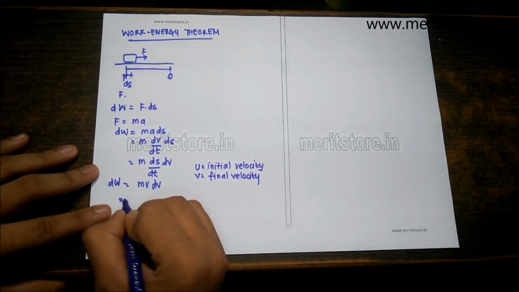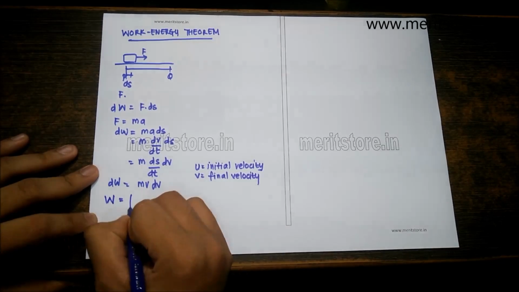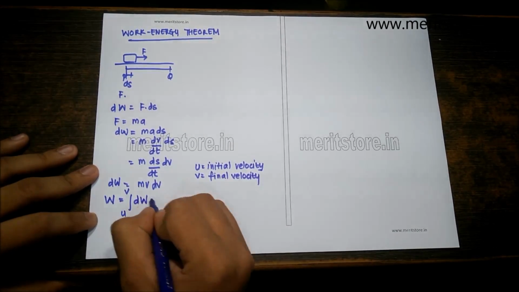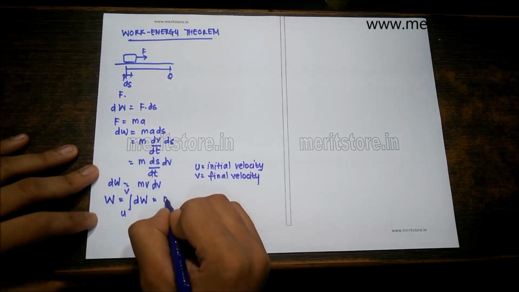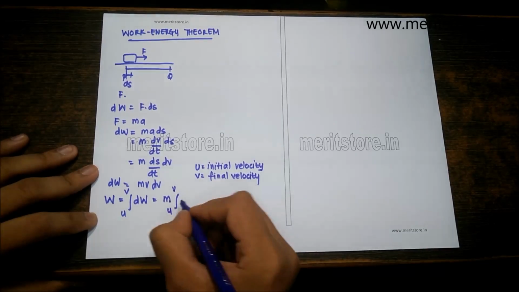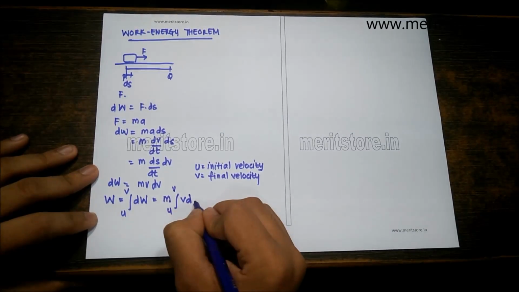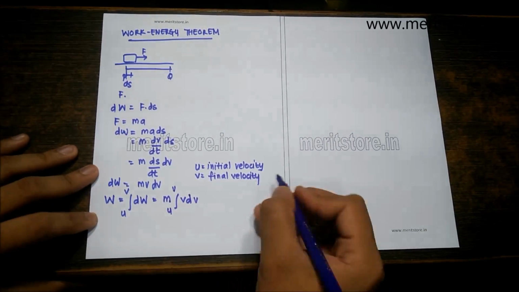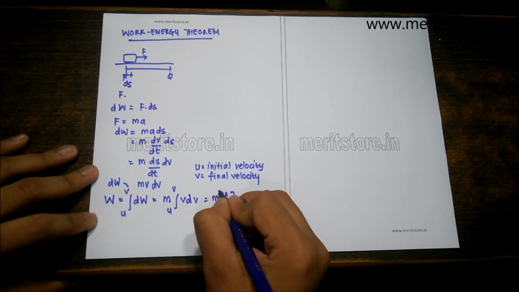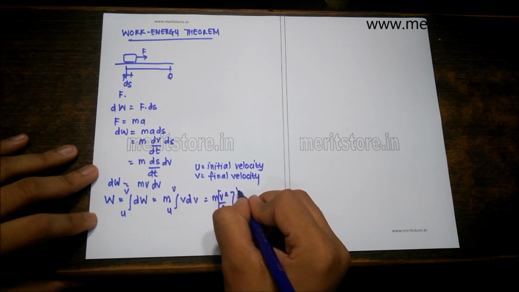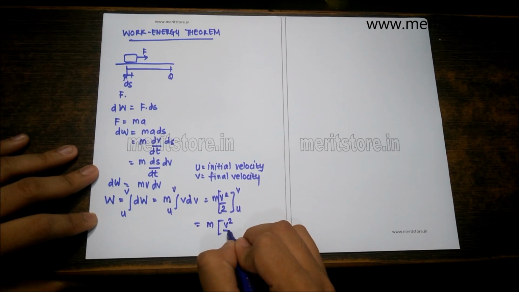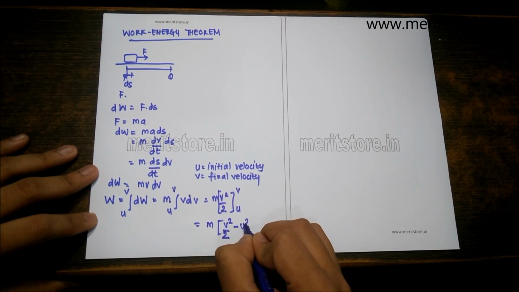So let us find work, which is basically the integral from u to v dW, which is m integral u to v of v dv. Now the integral of this would basically be v square by 2 under the limits of u and v. So we get m times v square by 2 minus u square by 2.